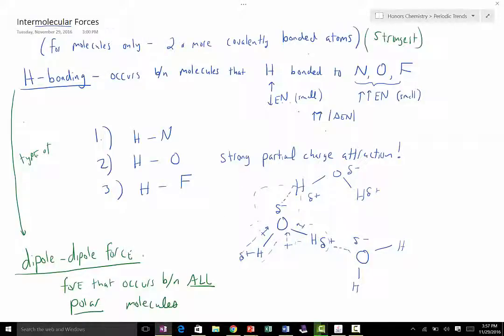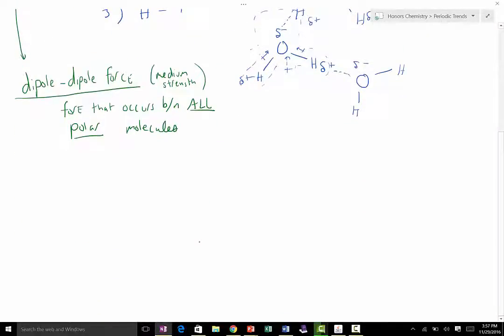So dipole-dipole force is a medium strength intermolecular force, and it's going to occur between all polar molecules. So when I'm looking at a polar molecule like HCl, hydrochloric acid, this is a medium strength partial charge attraction force.